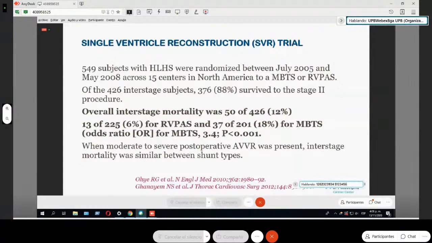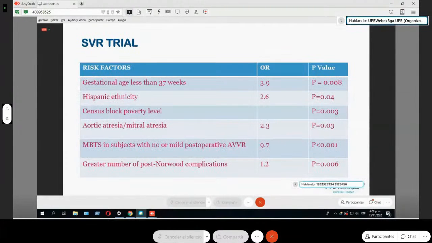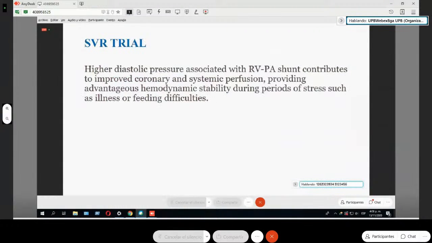En estos grupos, hubo presentación moderada a severa de regurgitación atrioventricular. Otros factores de riesgo que se identificaron durante ese estudio fueron los factores demográficos, tales como la madurez, la etnicidad hispánica, y el diagnóstico anatómico de atresia aórtica o atresia mitral.